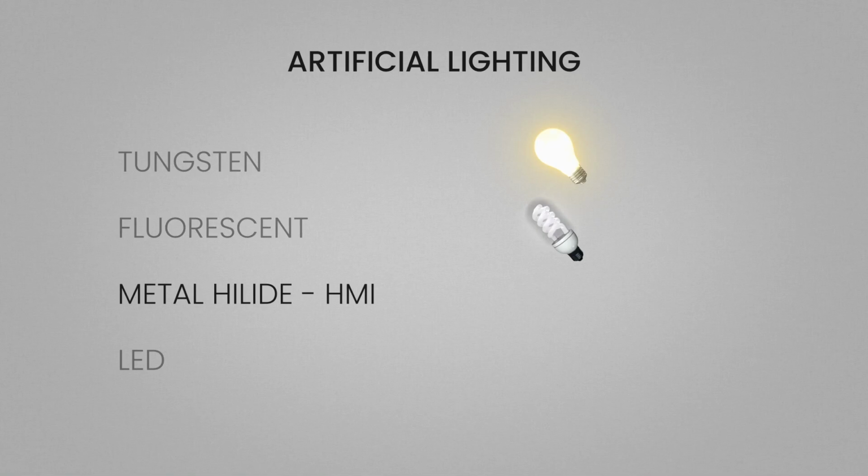Metal halide has a color temperature of 6000 kelvins and creates hard light. Be careful, similar to tungsten lights, they also get hot while working. LED lighting uses new technology and has several advantages over the other three types we've talked about so far.